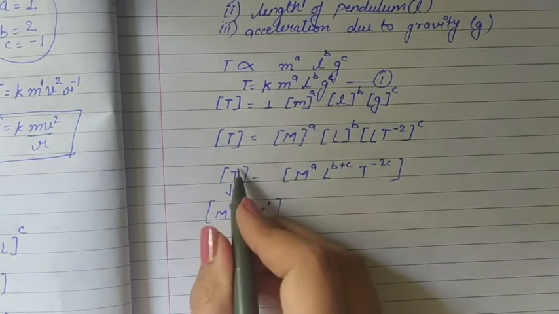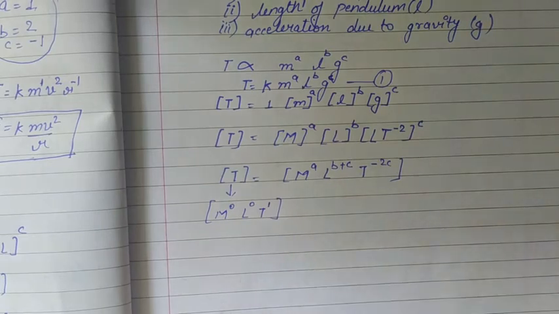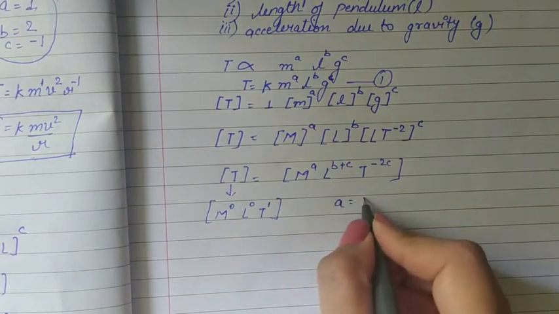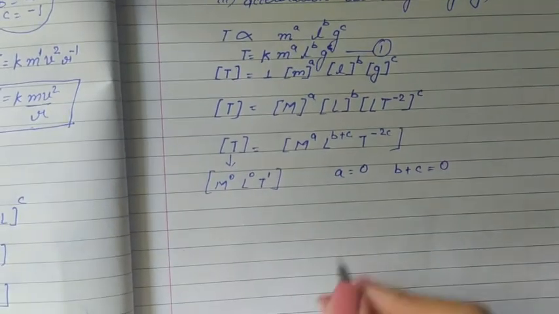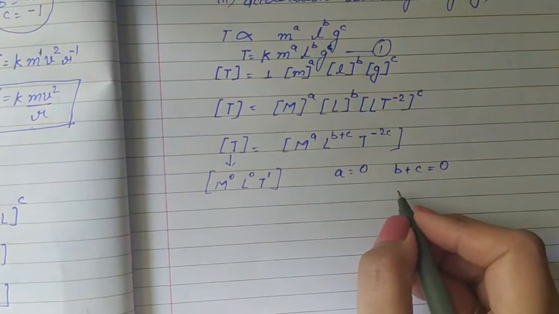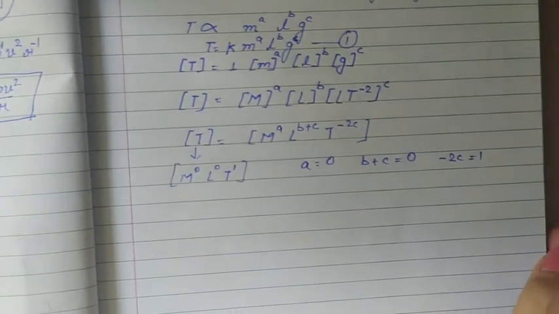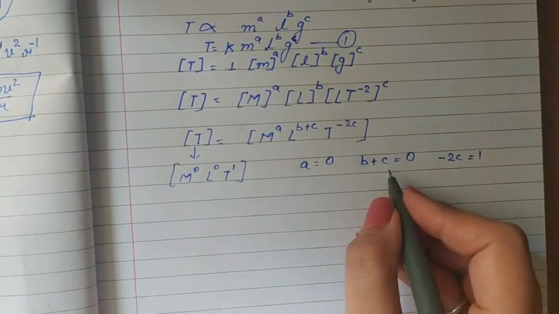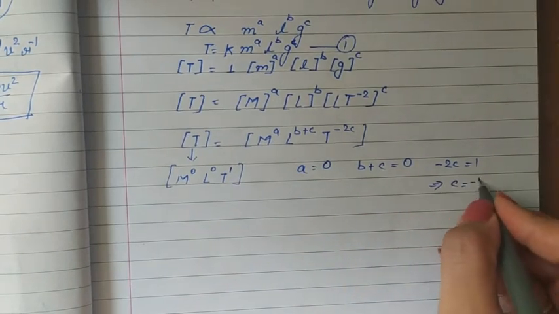So dimension T means M^0 L^0 T^1. So when we compare these two, we get a is equal to 0, b plus c is equal to 0 and minus 2c is equal to 1. Okay, a is equal to 0, b plus c is equal to 0 and minus 2c is equal to 1. It implies c is equal to minus 1 by 2.